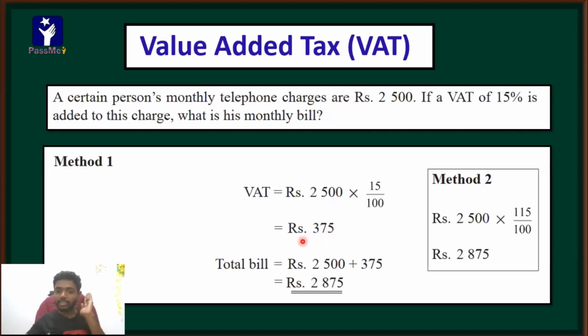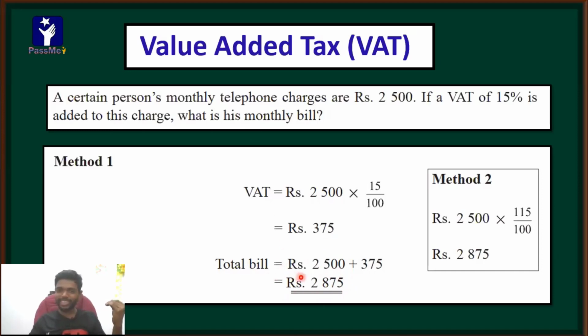VAT is 375 rupees, right? That means the total bill is the addition of these two values. That means 2,875. That is the final answer.